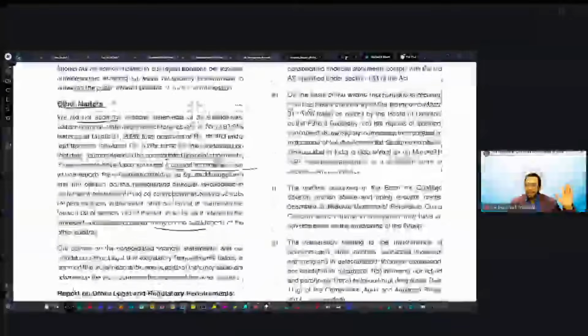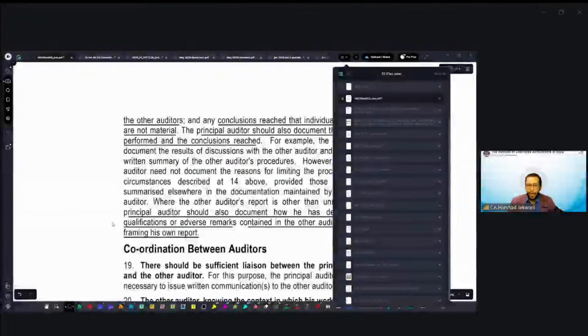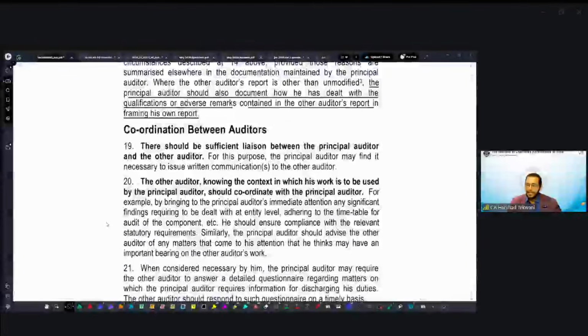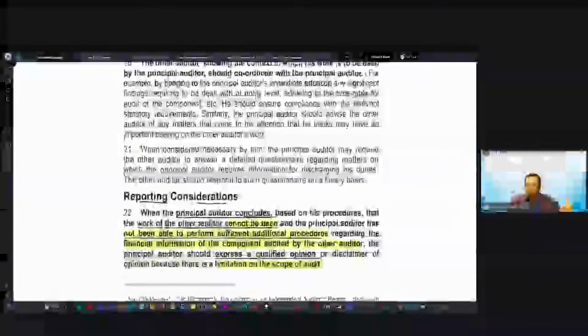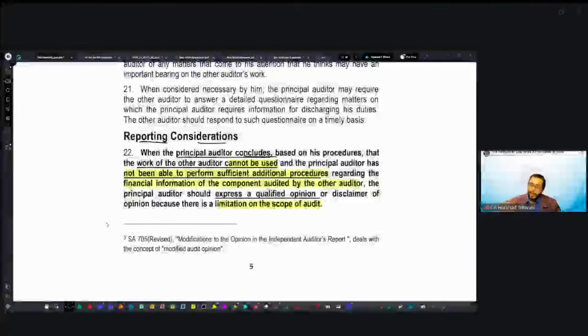That is something SA 600 says: when you are preparing the audit report of the consolidated financial statement, or when you are relying upon the work of another auditor, while reporting and using the work of another auditor, consider these scenarios.